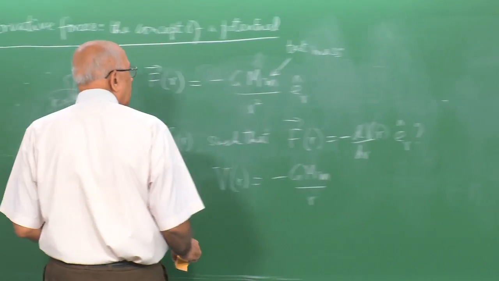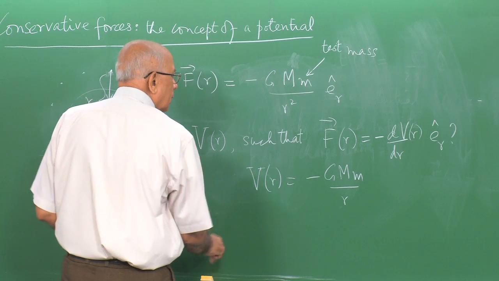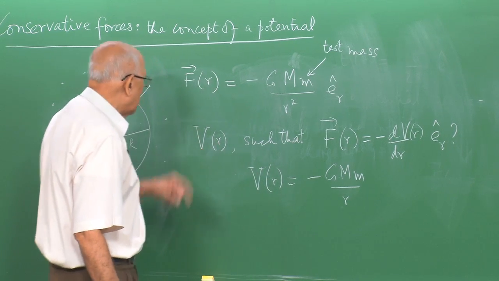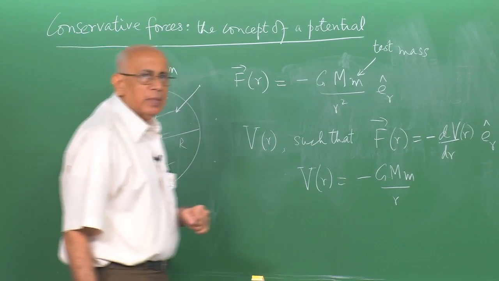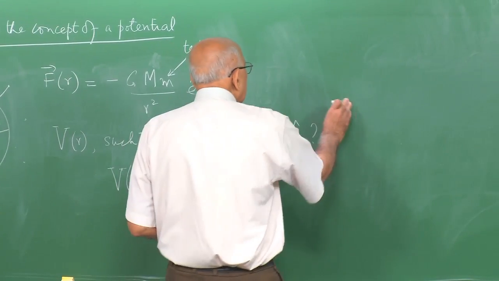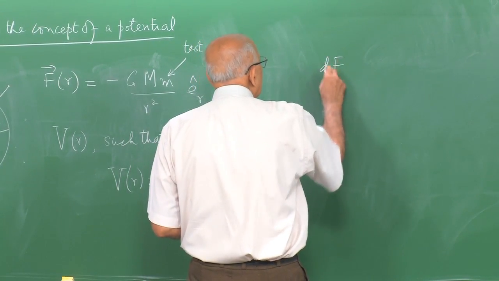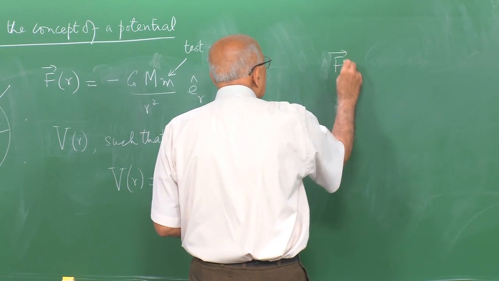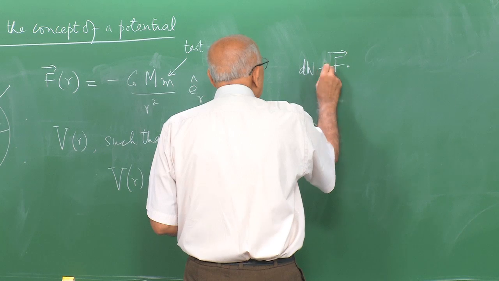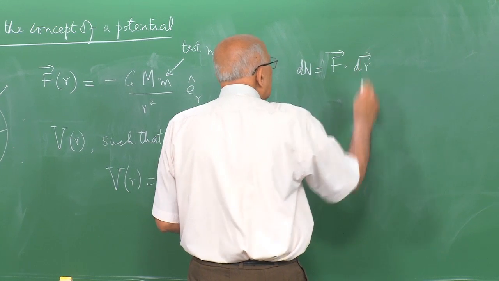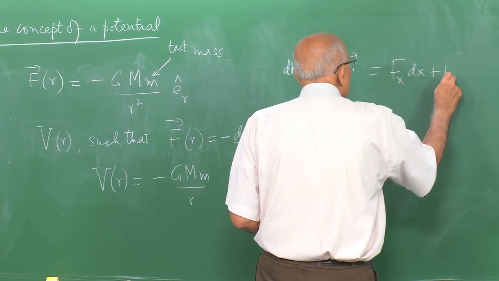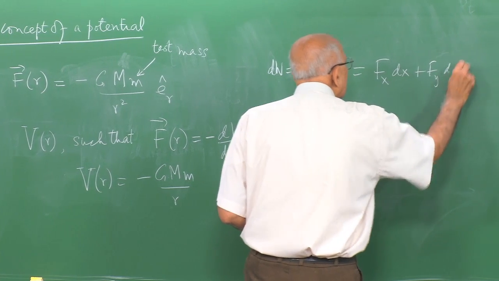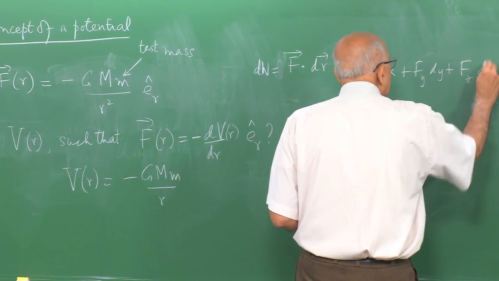How is it that I was able to do this calculation in terms of r without bringing in the other coordinates? After all, when we started with the statement that the work done dW was equal to F dot dr, if I write this in Cartesians, it's Fx dx plus Fy dy plus Fz dz.